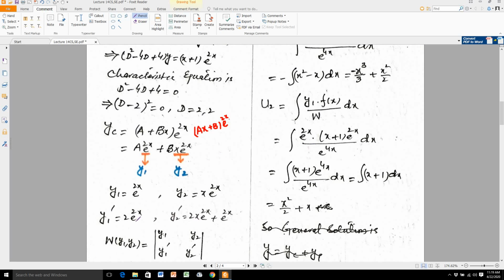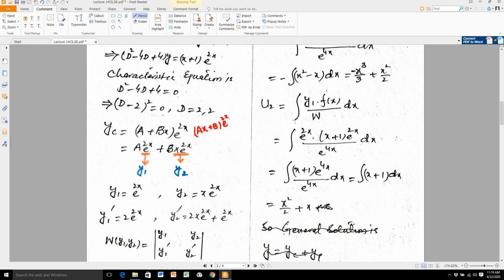So here y1 is equal to e raised to the power 2x, and y2 is equal to x e raised to the power 2x. So y1 prime, you take its derivative, it is e raised to the power 2x, then we take the derivative of its power, that is 2. After simplification we write it as 2 e raised to the power 2x.